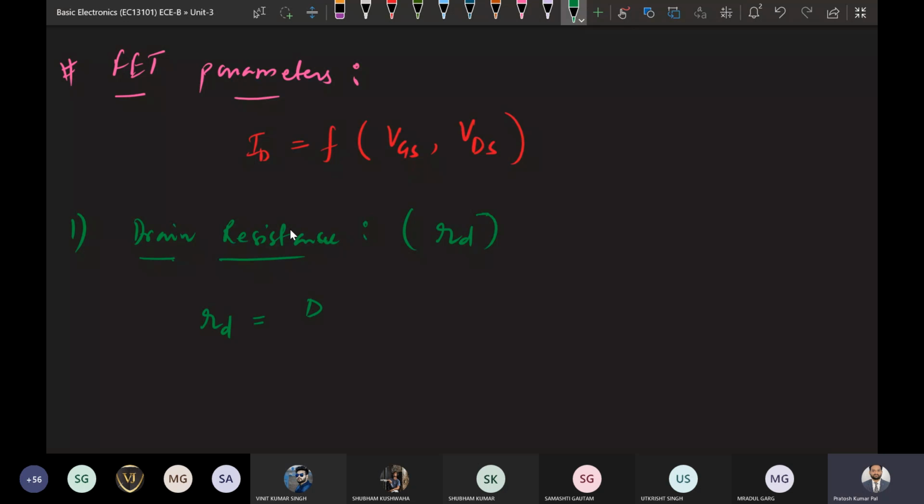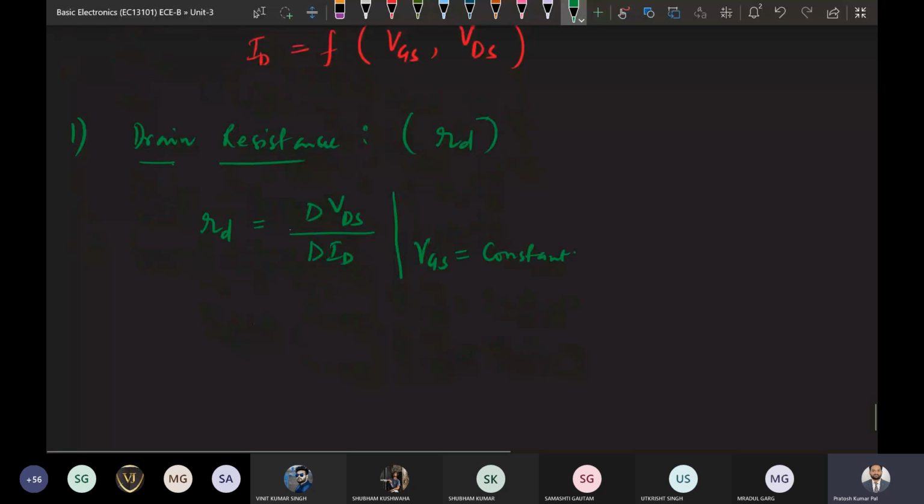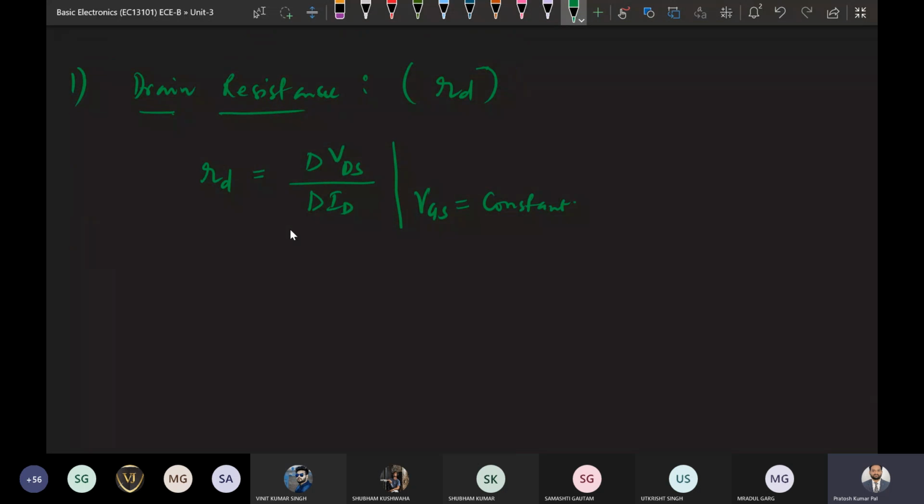So output resistance is the relation of output voltage and output current. RD is defined as change in VDS, that is the output voltage, divided by change in output current, that is ID. This is defined for a fixed value of VGS. Here the VGS is constant.